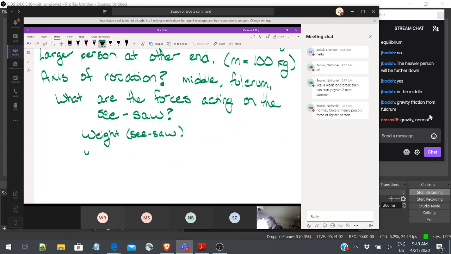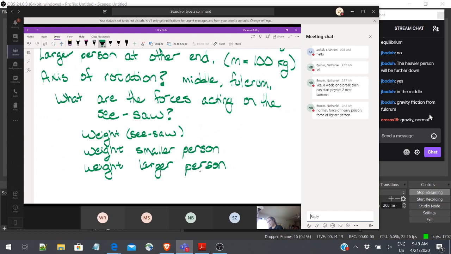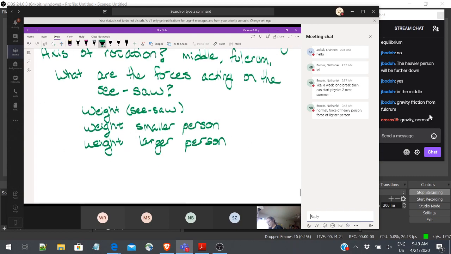We have the weight of the smaller person. We have the weight of the larger person. And we have a normal force.